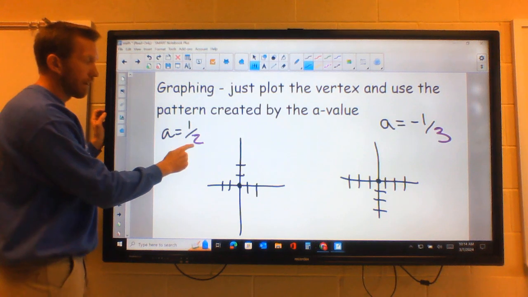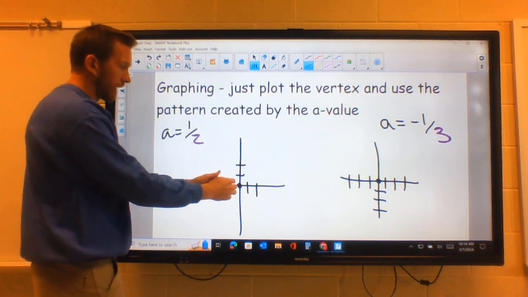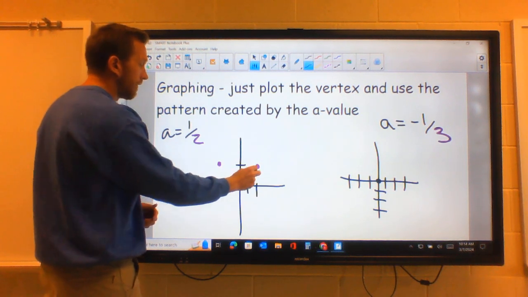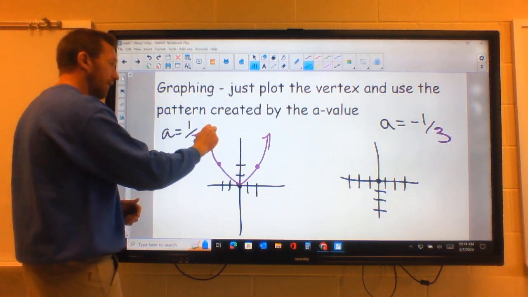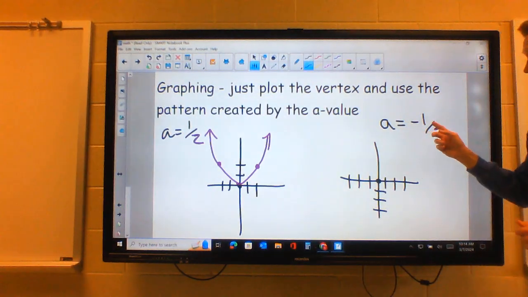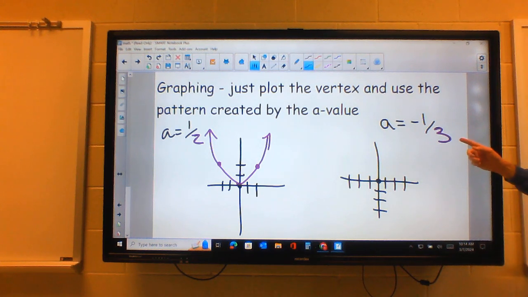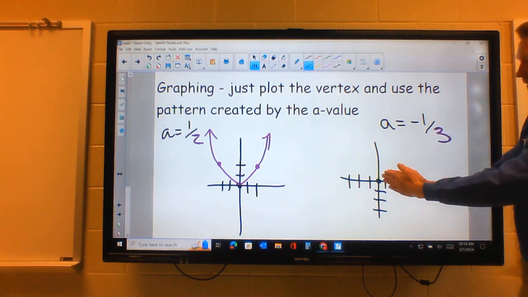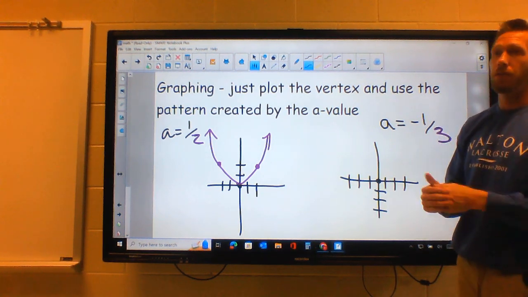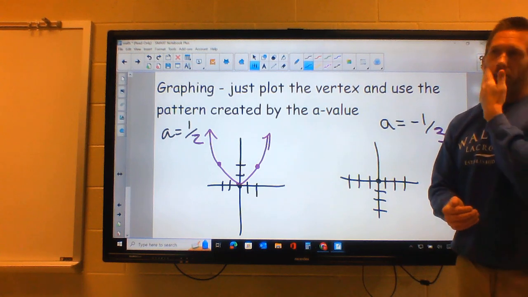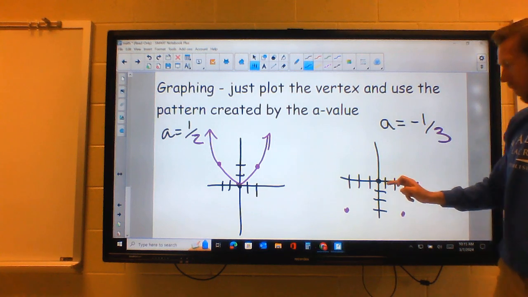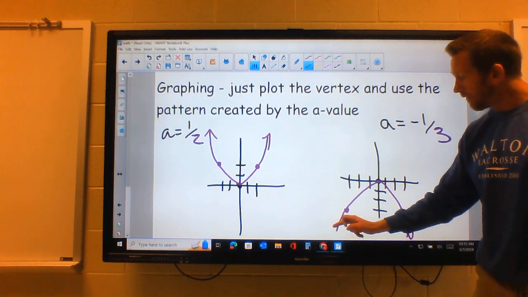For example, an a value of 1/2 means starting at my vertex, we would go out 2 and up 2 in both directions to get that widened version of this quadratic. Whereas over here, it's first off negative, so it's going to go down. With the denominator being a 3, that tells us it goes out 3 and down 3. That's the pattern with these types of a values. So out 3, down 3 takes us to our next whole number point in this type of shrink.